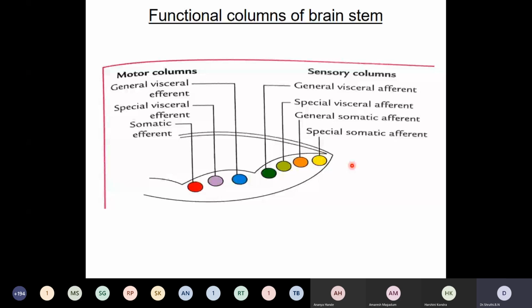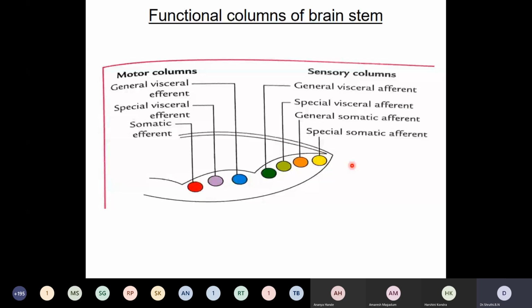As you ascend up from the spinal cord, you know the extent of the spinal cord now. As you move up towards the cerebral hemisphere, you come across a small segment that is called the brain stem. Brain stem has three different parts, that is midbrain, pons and medulla oblongata, which together constitute the brain stem.